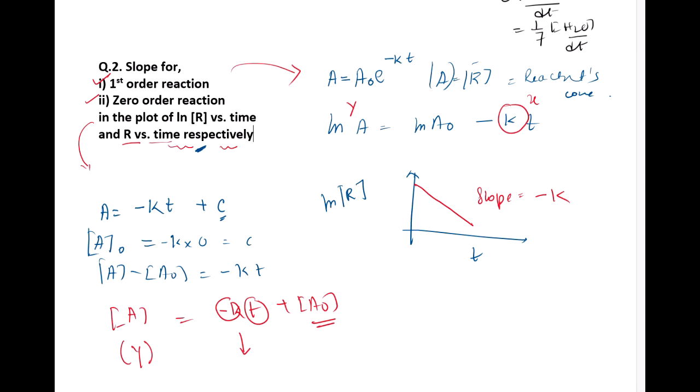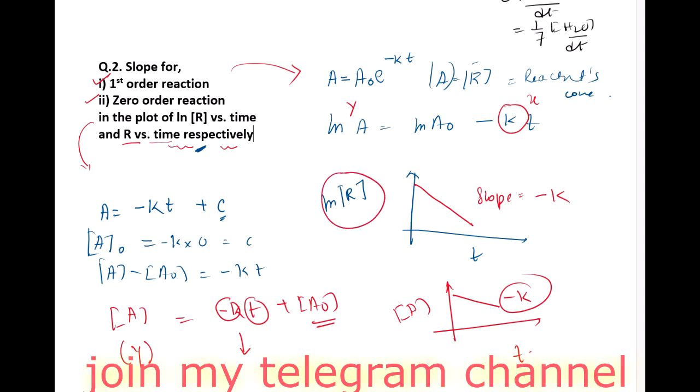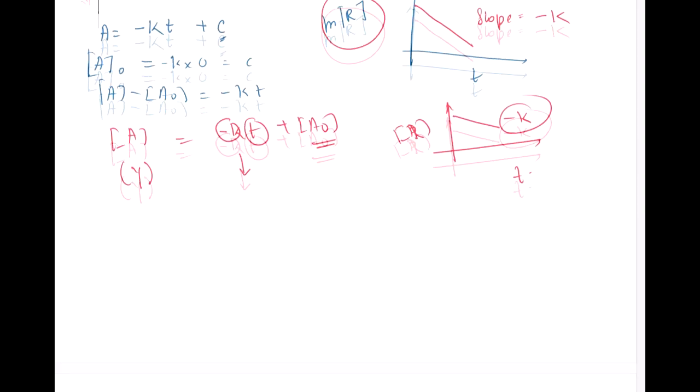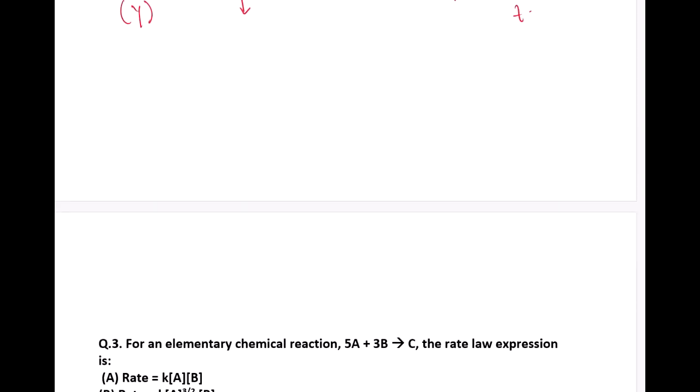So for a zero order reaction it will also look like this: here we take A concentration, here we take time, and the slope is negative. The difference is that for a first order reaction we take ln R versus t, while here we take only A or R versus t. From this type of question, blanks, MCQs or numericals may come.